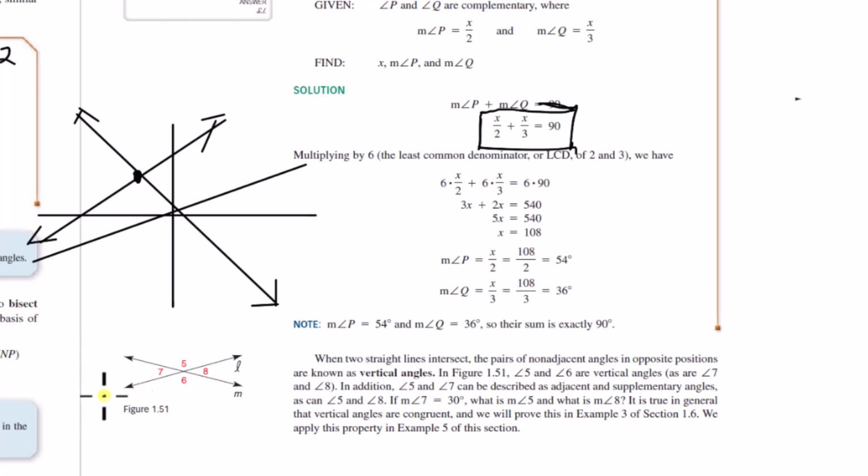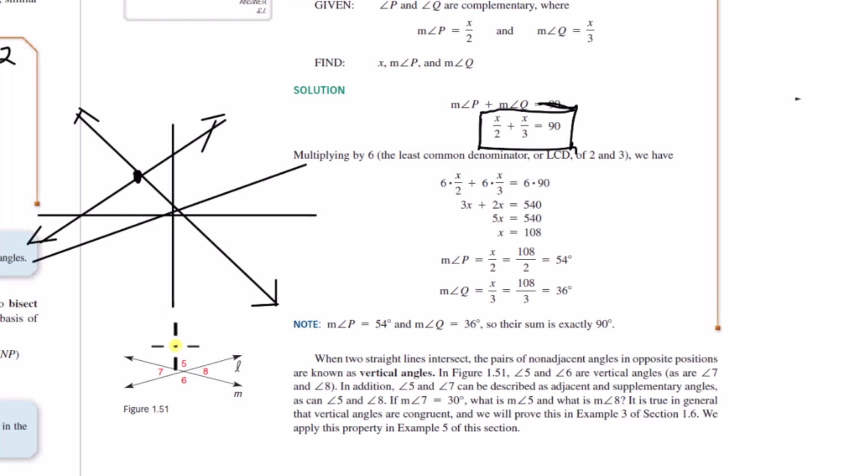You're going to have a pair of adjacent angles and two pairs of different adjacent angles. But it depends on which perspective you're looking at it from. From the perspective of line M, you have adjacent angles 5 and 8, and adjacent angles 6 and 7. Here we can see 7 and 5 are adjacent, 8 and 6 are adjacent.